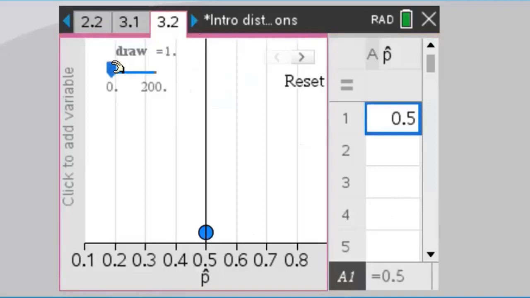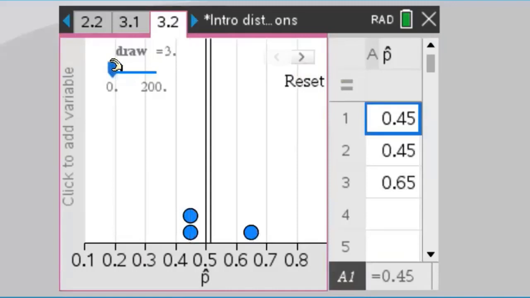So that's a sample of size 20, and as it turns out, it's 0.5. Oh, I can reset, start again. Okay, so 0.45. I'll choose another sample, 0.45 again, 0.65. Now, over here, I've got the mean of those three samples, and here, the true population proportion.